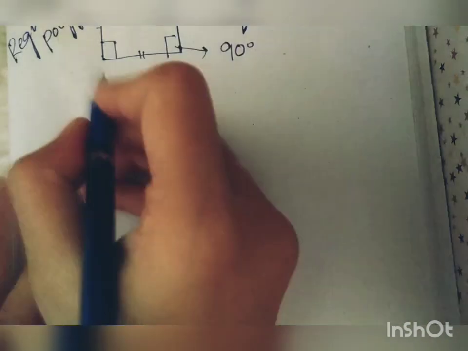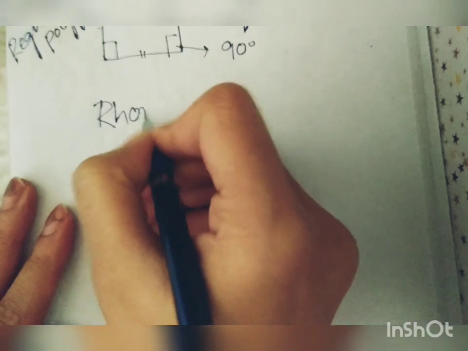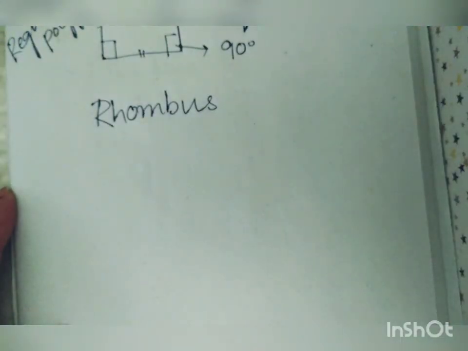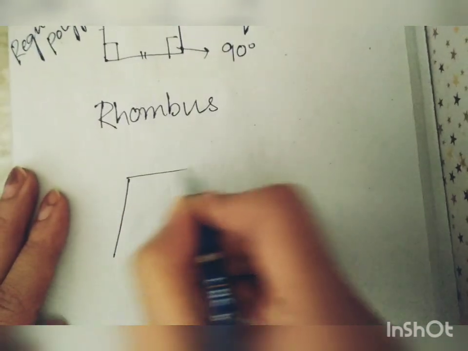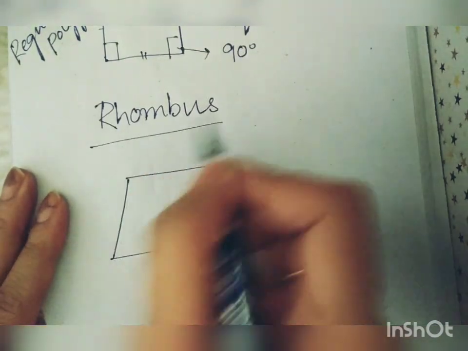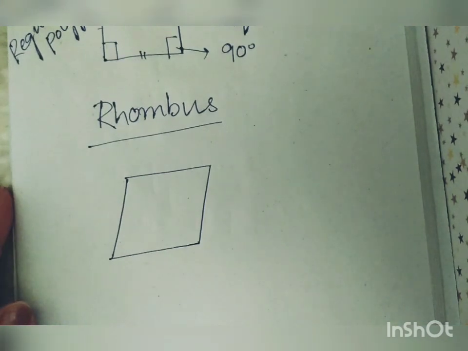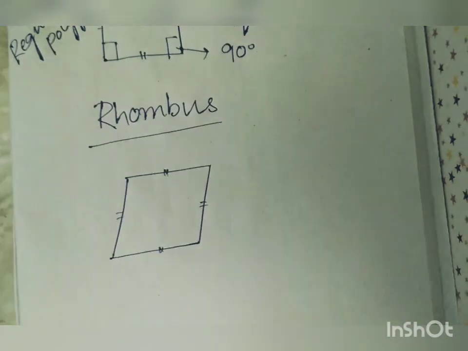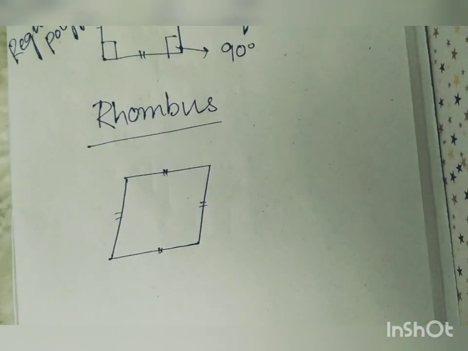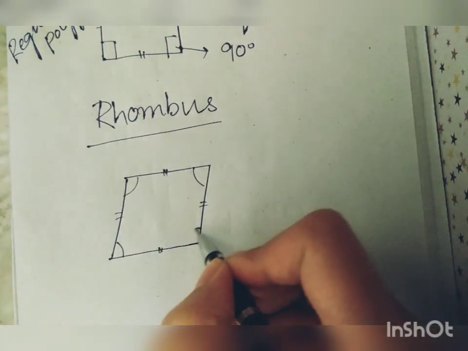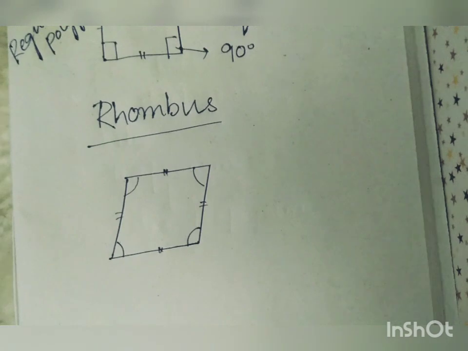Now we will talk about rhombus. A rhombus is a quadrilateral just like a square. All its sides are equal in length, and all the opposite sides are parallel, but it is not necessary that all of its angles will be 90 degrees or of the same measurement.